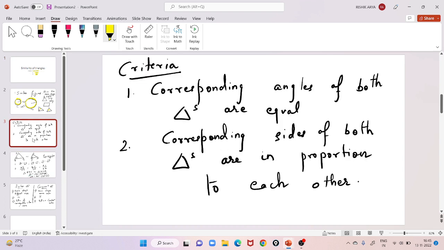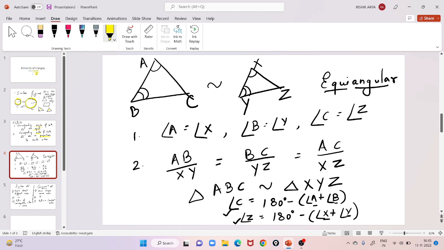Now, in general, what are the conditions upon which you can decide that two triangles are similar or not? The first one is that corresponding angles should be equal and sides should be proportional. Only this much you have to learn. Now, if we have to write in mathematical formulation what is the meaning of corresponding angles should be equal.